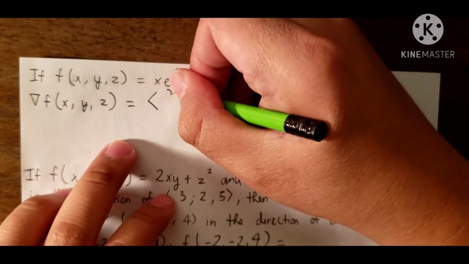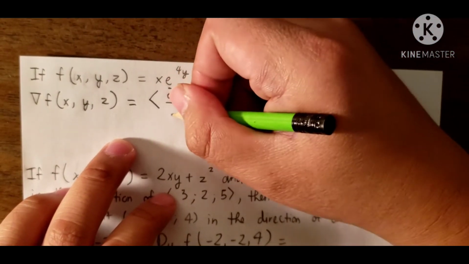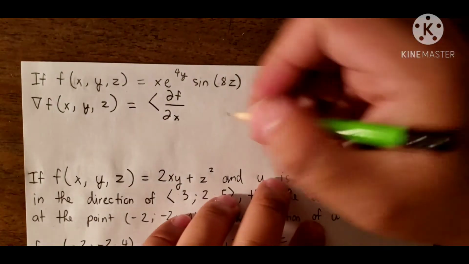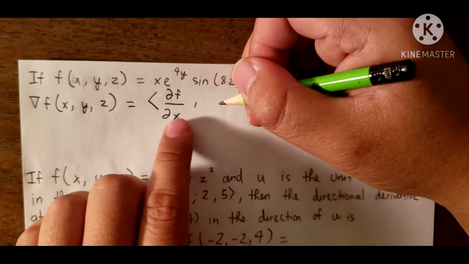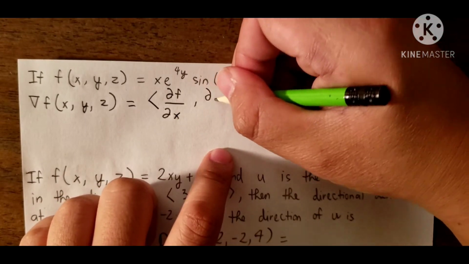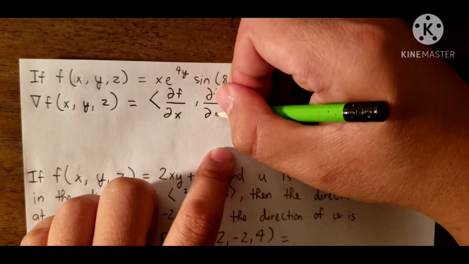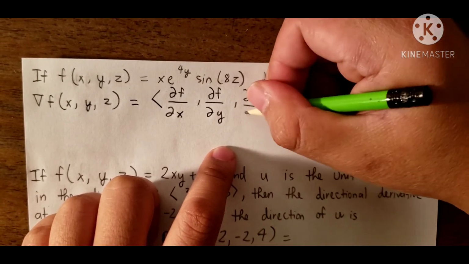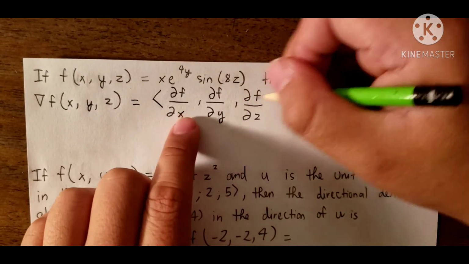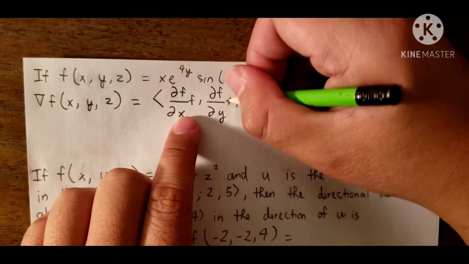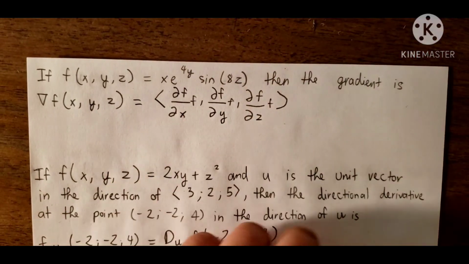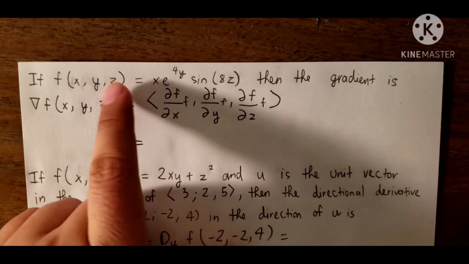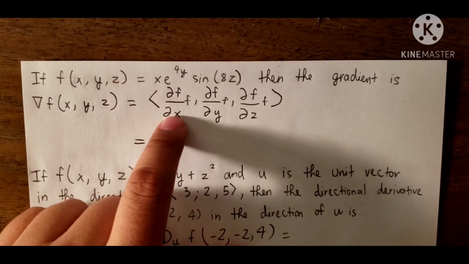We take the first derivative of the function with respect to x, then y, then z, and everything is about the function. I put it like this. Now the first derivative of the function with respect to x.